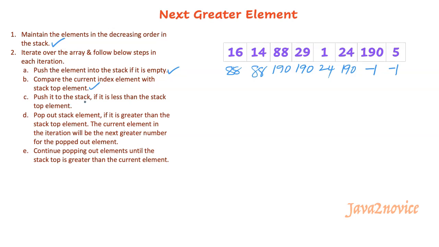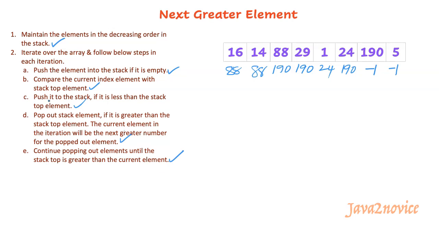Push the element into the stack if it is less than the stack top element. If the element is greater than the stack top element, then pop the stack element. The current element in the iteration will be the next greater number for the popped out element. Continue popping elements until the stack top is greater than the current element.